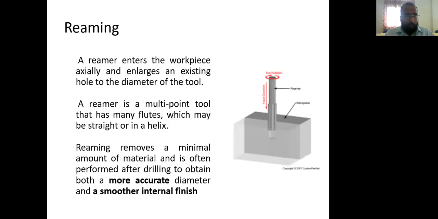So these are a few drilling operations. Reaming, as I told you earlier: if I am not finding a suitable drill bit to create a hole, I must use a nearer diameter drill bit, and then use a reamer tool to enlarge the diameter.